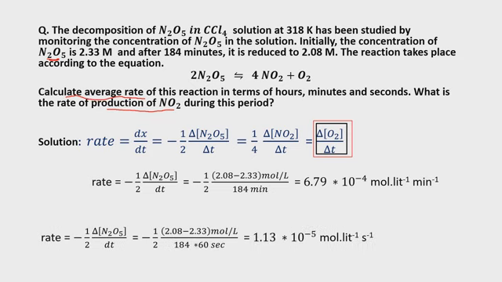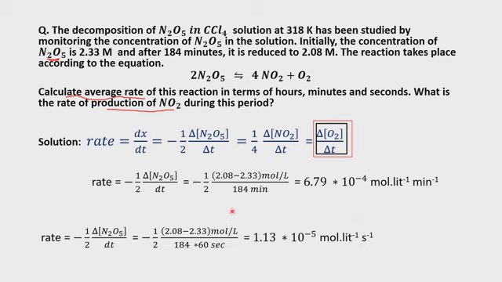So finally rate equal to minus 1 by 2 delta N2O5 by delta T, this is not dt, this is delta T, equal to minus of, just again put all the values here, 184 into 60 seconds, because average rate of reaction in terms of hours, minutes and seconds.